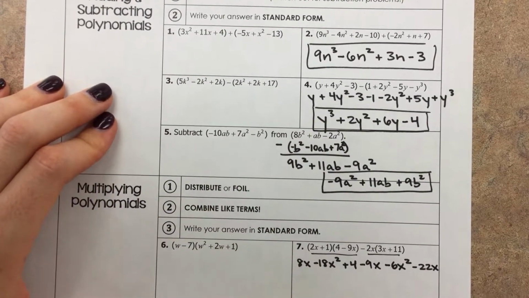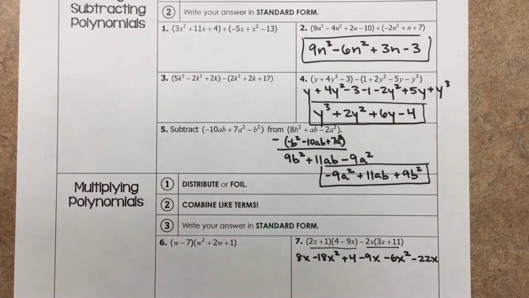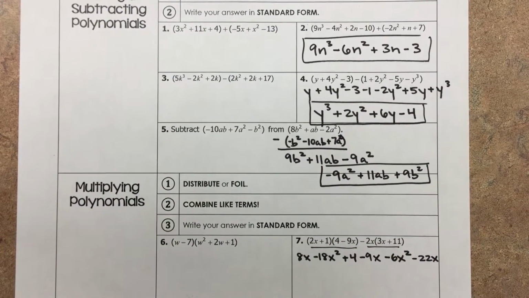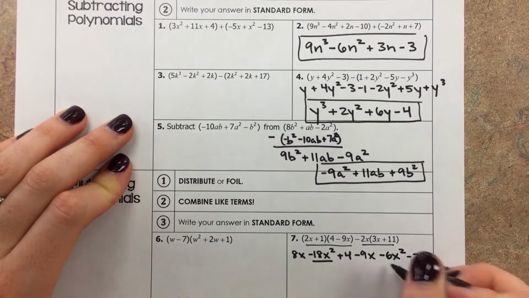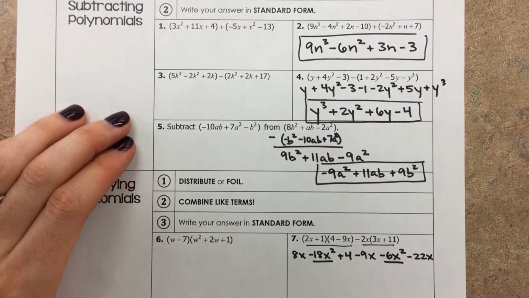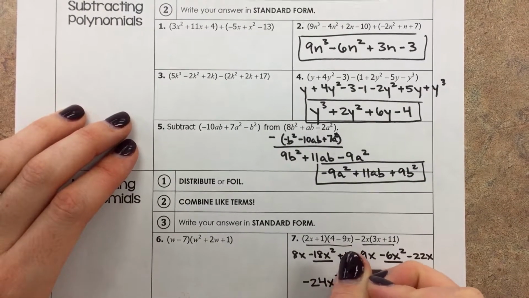Number 2 says combine like terms, and we can kind of add in this third step. You want to make sure it's in standard form, so we can just be conscious of that while we're combining up our like terms. So we want to make sure the x squareds go first. Here's an x squared, here's an x squared, so we can combine those up. That will be a negative 24x squared.